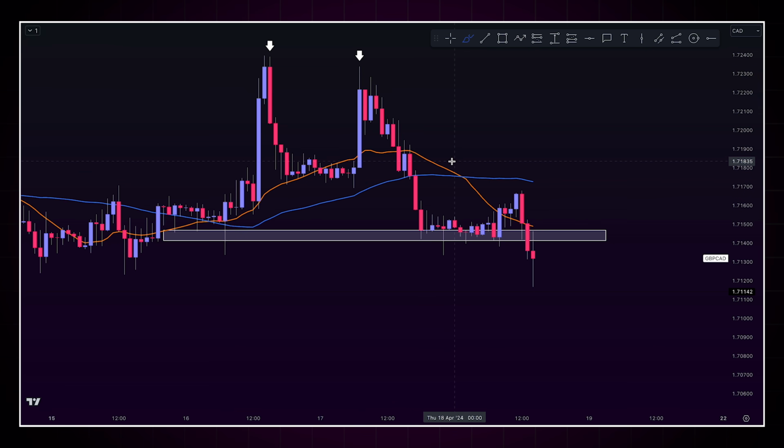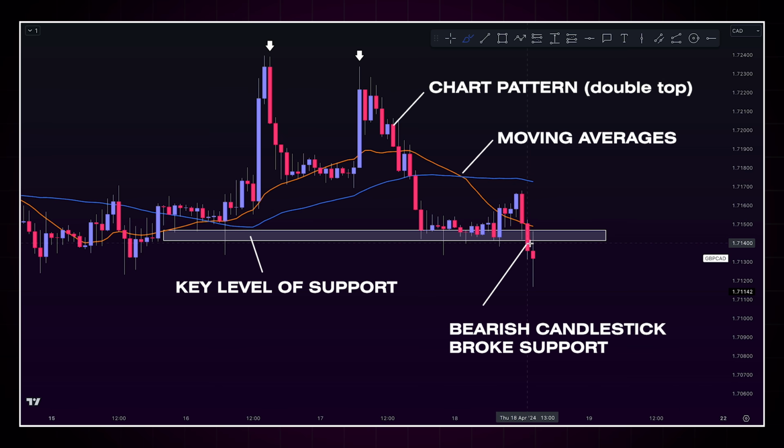We can also see that the price action is trading below the moving averages. Furthermore, this specific bearish candlestick closed lower than previous support, forming a new lower low, which essentially reinforces bearish bias. So as you can see, we have multiple confluences indicating the same bearish outcome.